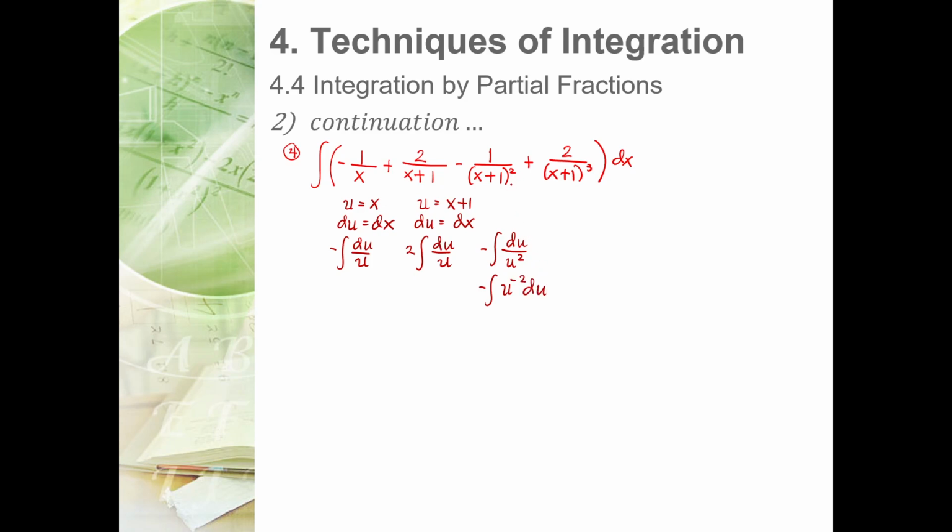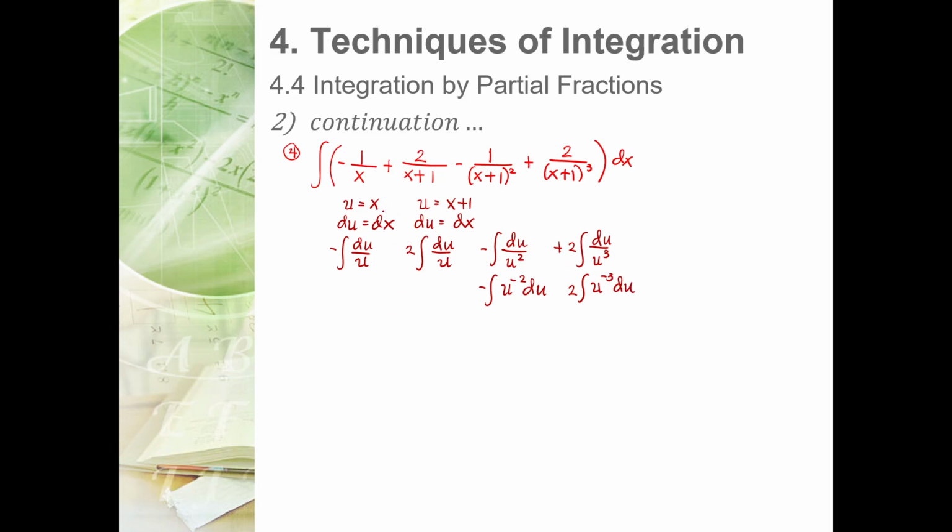So it's not ln, right? So it's not always an ln answer for your partial fractions. In the last term, this one becomes plus 2 integral of du all over u cubed. So in the numerator expression, this one is 2 integral of u to the power of negative 3 du.